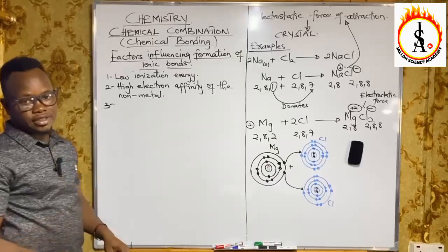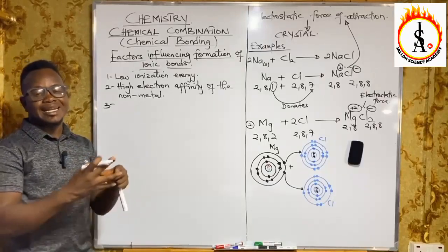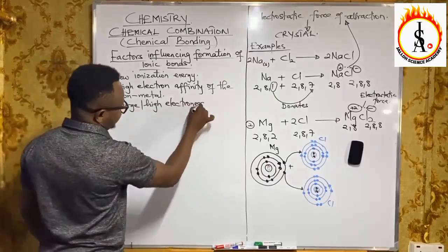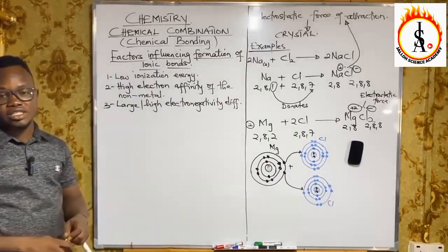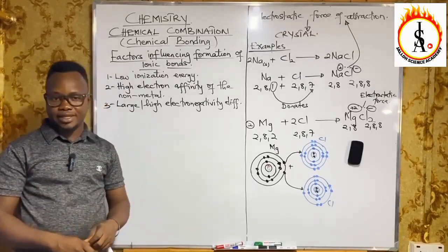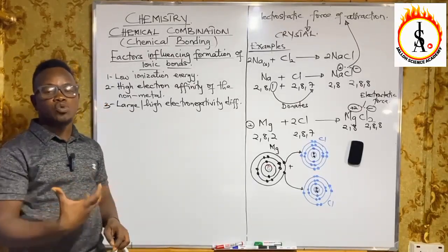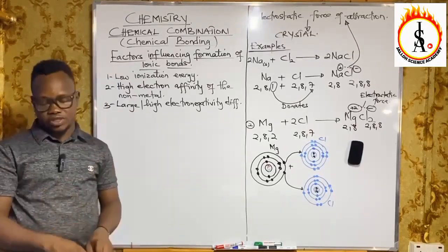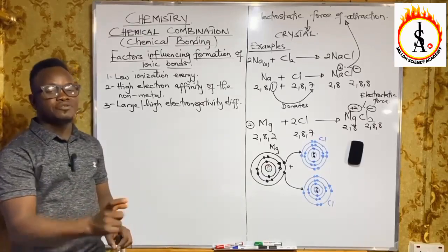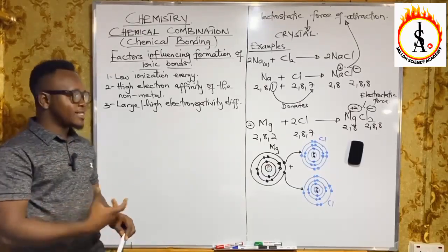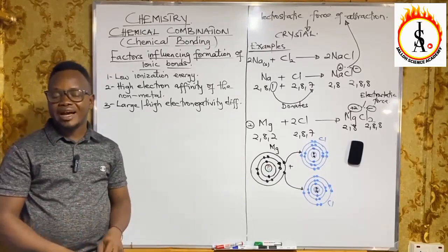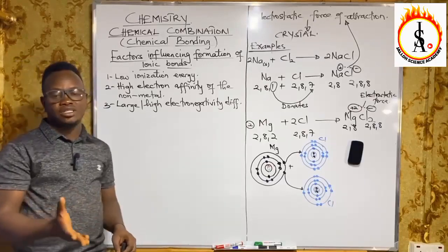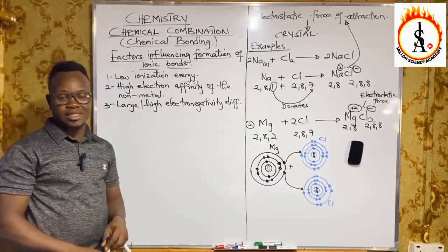And the third characteristic we are going to look at here is large electronegativity difference. Electronegativity tells us of the ability of a species to pull shared pairs or bonded pairs of electrons in a bond towards itself. If the electronegativity difference between the two species is very high, then the species that is most electronegative has the tendency of accepting the electrons, and the least electronegative species will lose the electron.